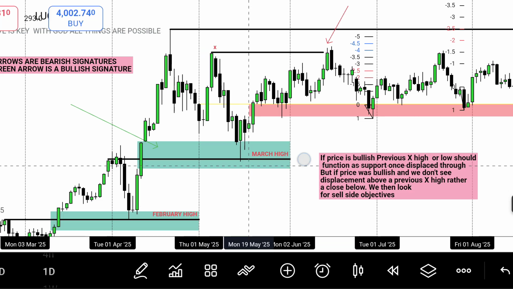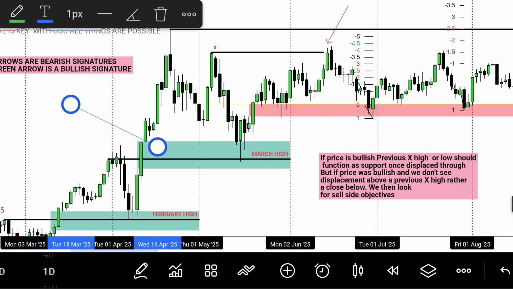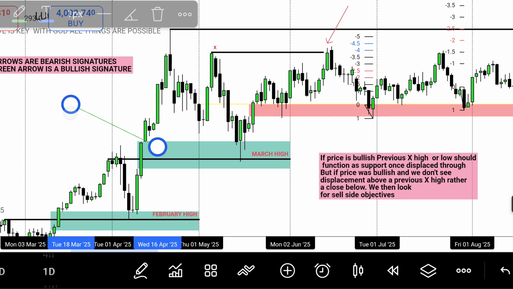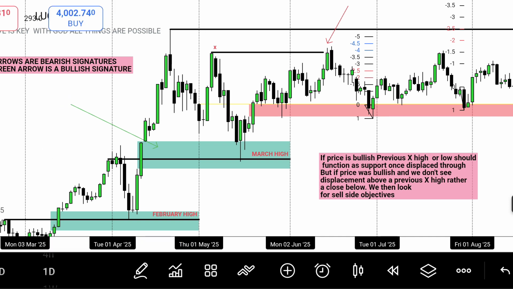Then we took out May's high. If we had created this scenario from the green arrow, I would have been looking for price to continue to the upside. But what did we see? We saw that the next candle did not trade above May's high, but rather formed a bearish candle.